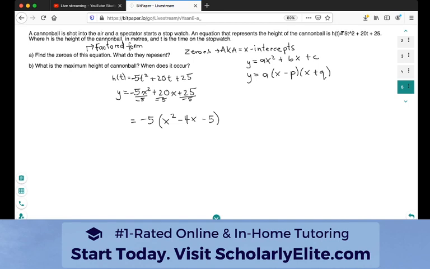Alrighty, guys. So now what we need to do is factor this part into separate factors. So what we really want is for it to be in this format, and we want two numbers that multiply to -5 and add to -4.